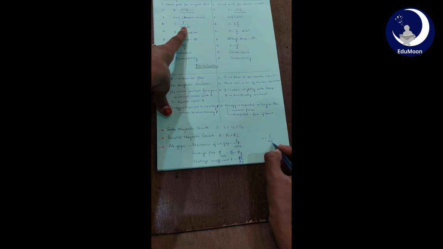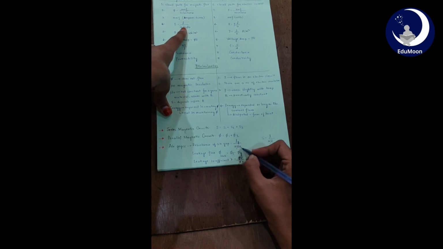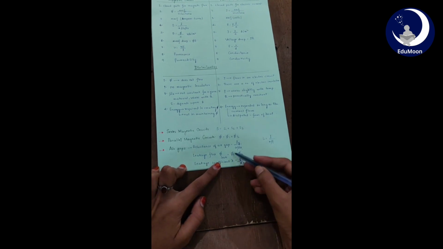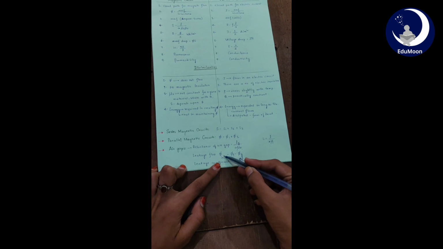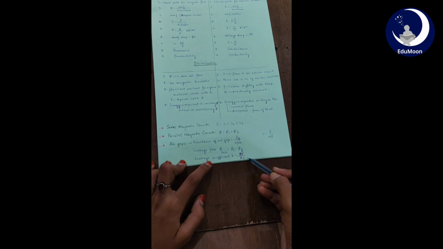But for air or vacuum, mu is mu naught. So length of air gap by A into mu naught. And the leakage flux is the total flux minus the flux in this air gap. That is what we call leakage flux. And this leakage coefficient, which we denote by lambda, is phi t by phi g, the total flux by the flux in this air gap.